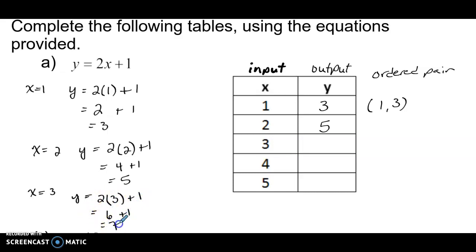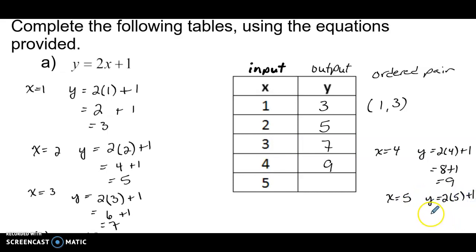Add 1, my output value is 7. When x is 4, my rule says double the 4, add 1. That's 8 plus 1, or 9. x equals 5, my last one. My rule says take that 5, multiply it by 2, add 1, and 10 plus 1 is 11.